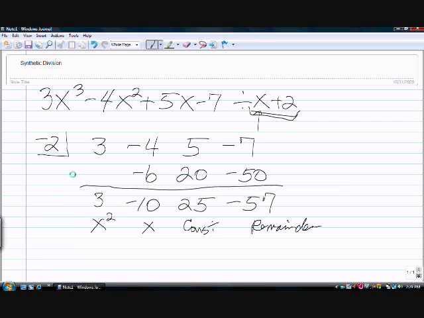So this division becomes 3x squared minus 10x plus 25 with a remainder of negative 57. So that's synthetic division, and let's apply this to some other problems.